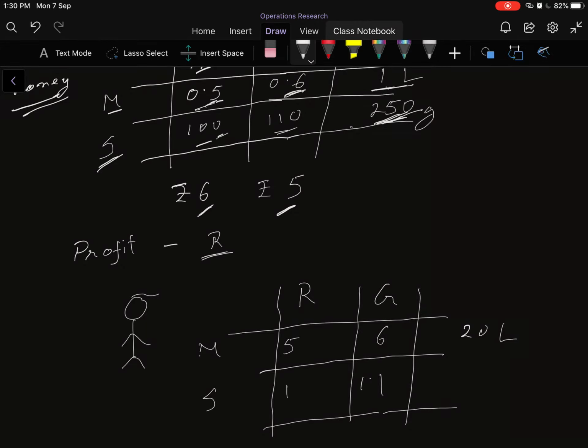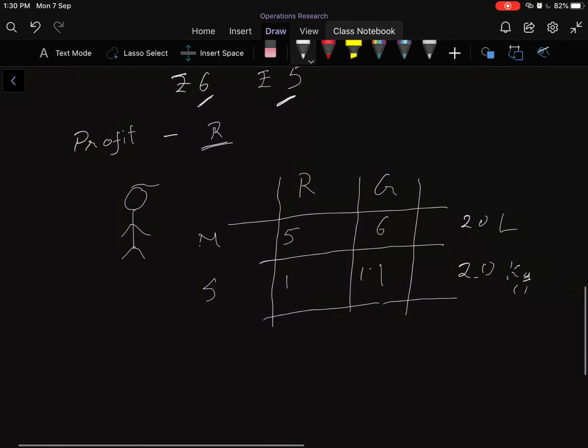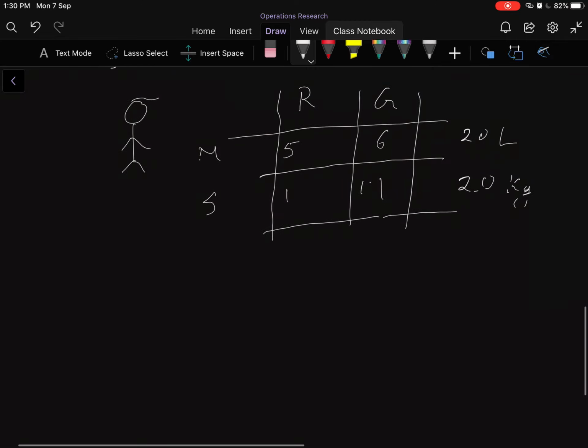and let's say that he has got a total of 20 kg of sugar. So if he has got this much sugar and milk available to him, then he can definitely produce much more than 1 kg of rasgulla and gulab jamun.